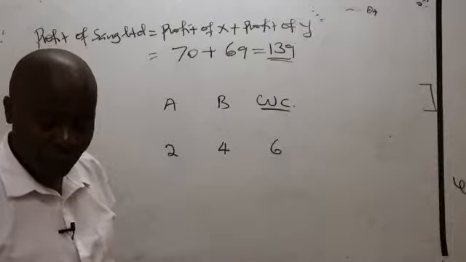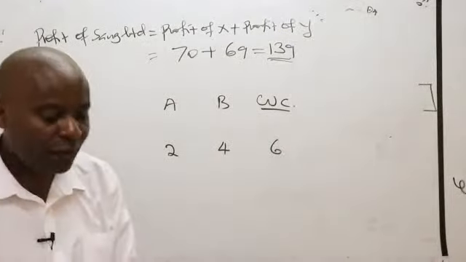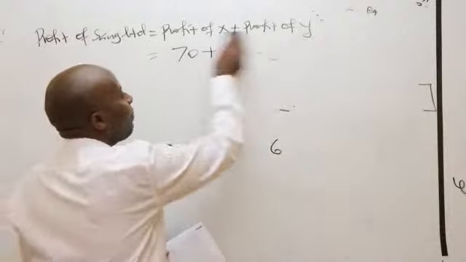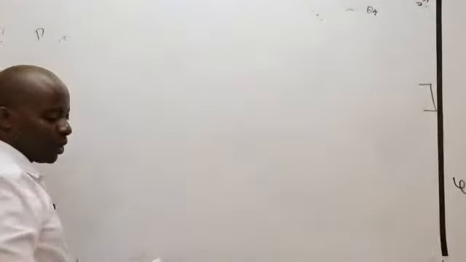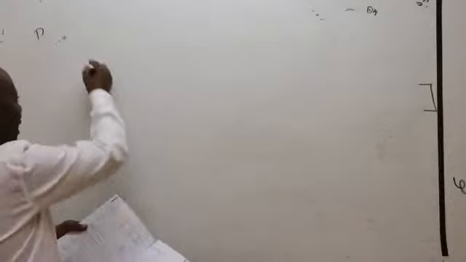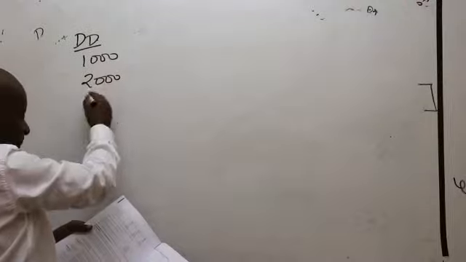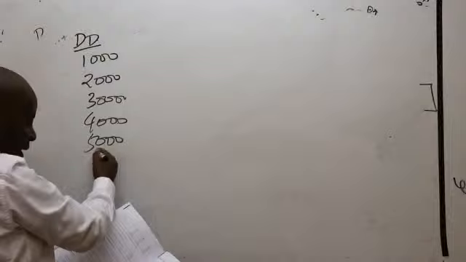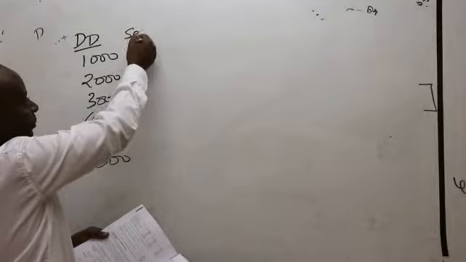Perhaps I could help you, just to give you the framework. For the whole company, the revenue will be the revenue generated by year 2. Demand will be the same: 1,000, 2,000, 3,000, 4,000, 5,000, 6,000.